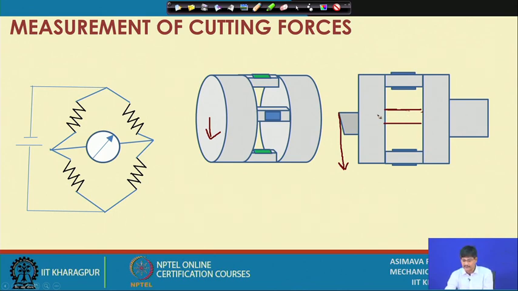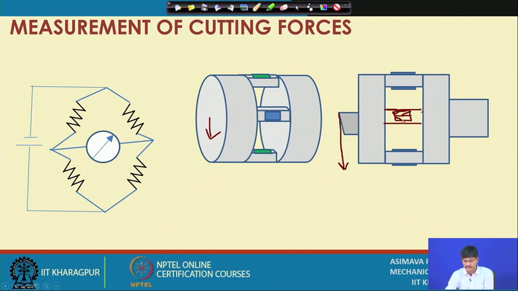When this is bending, this being the neutral axis, if the strain gauge is put here, part of it is above the neutral axis and is going to register a tensile stress, and therefore tensile strain, and resistance is going to become higher.